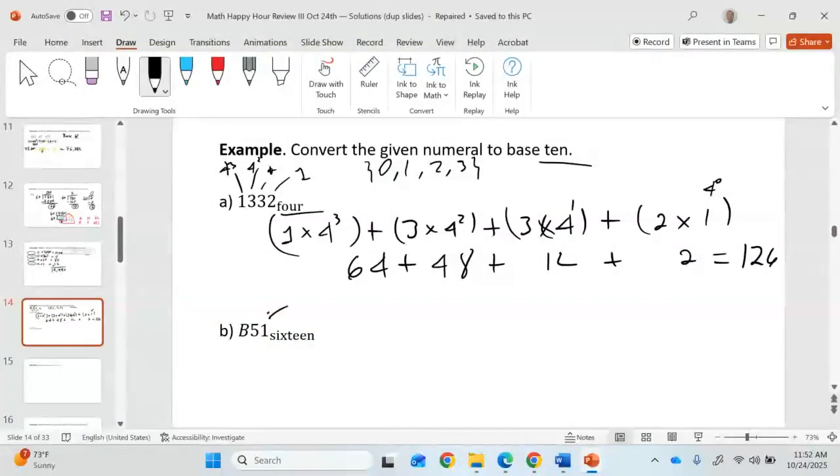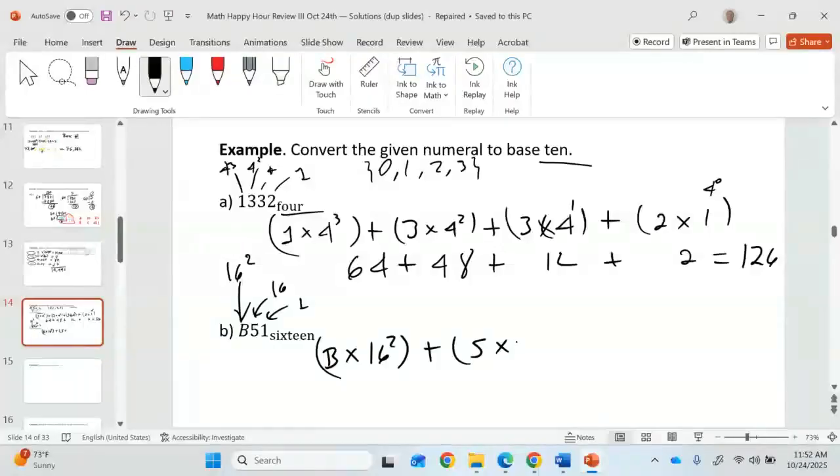So this is the place of the ones. This is the place of 16 because it's base 16. And the third one is 16 square. So the expansion is going to be B times 16 square plus 5 times 16 plus 1 times 1. Now I'm going to replace. B is actually 11.